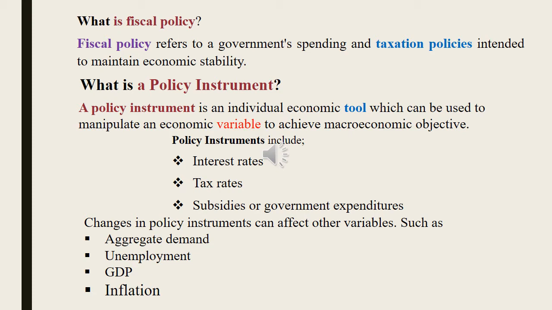That is what it says here. When the variables are used as an instrument in the policy, it can impact macroeconomic objectives. Now we'll see how interest rate can impact the macroeconomic objectives.